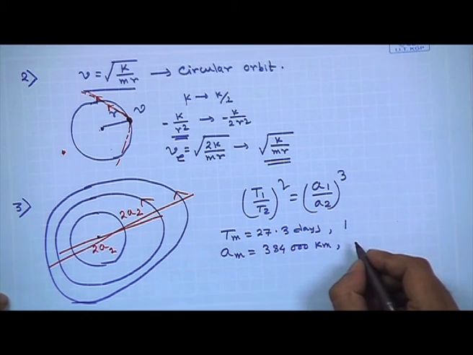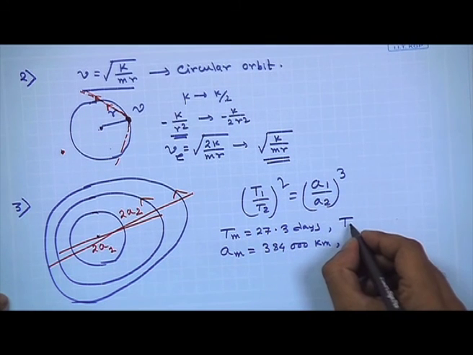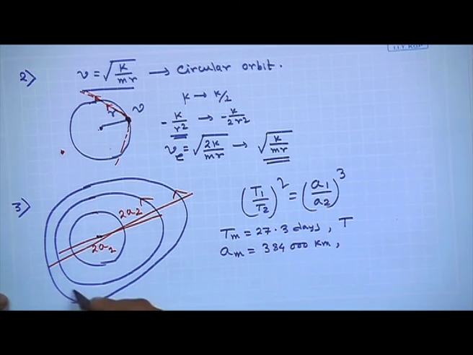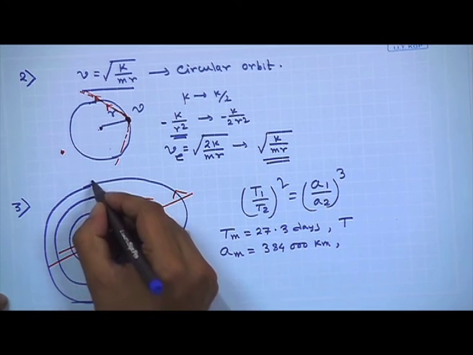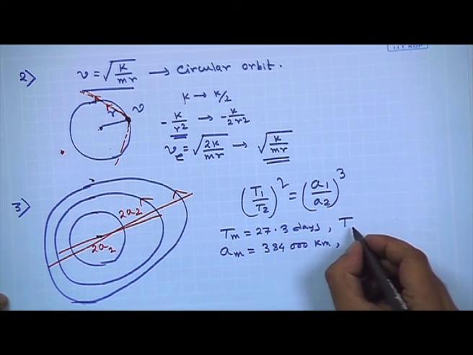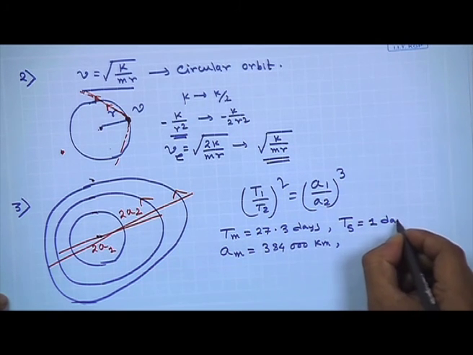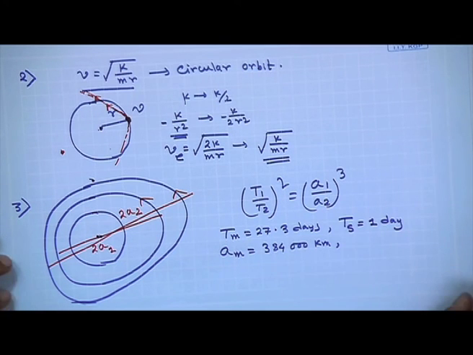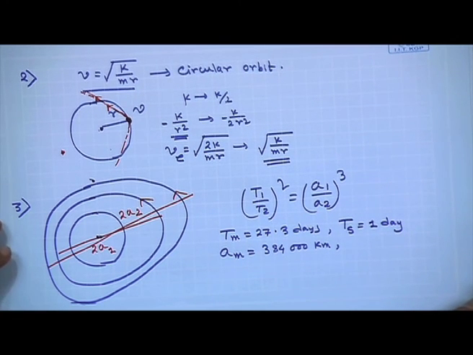The geostationary orbit, we know, is an orbit which stays over a single position of Earth and revolves along with the Earth. So, for a geostationary orbit, T of the satellite will be 1 day. If you are not familiar with the term geostationary, I would suggest that you kindly look it up. You must have heard of the Indian INSAT satellite.